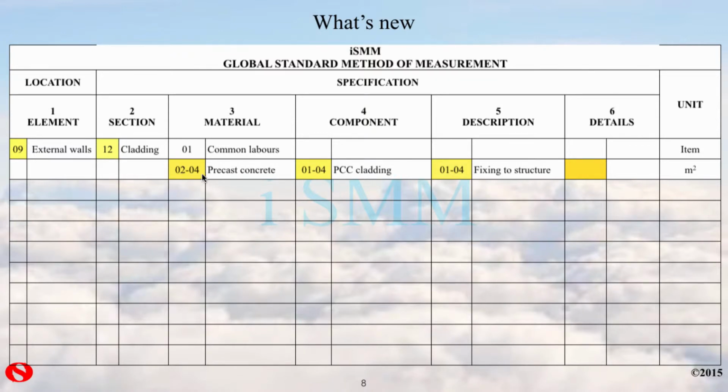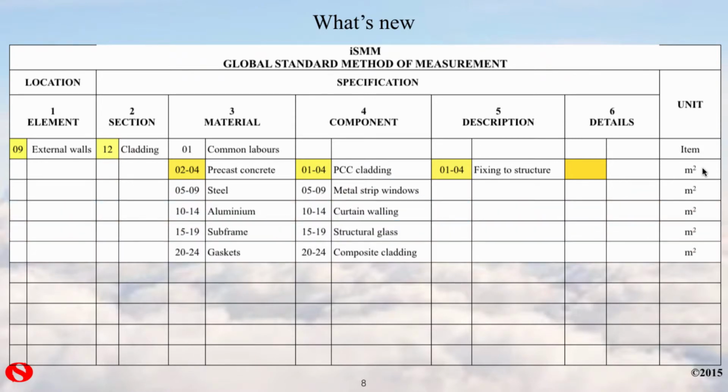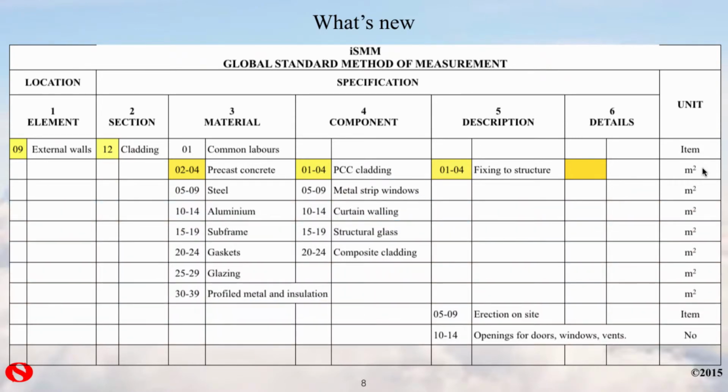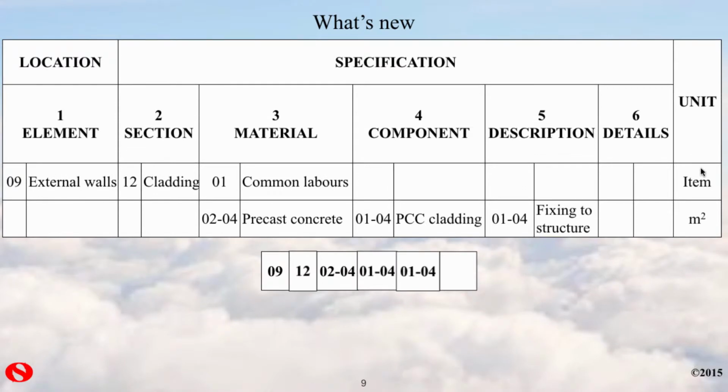For the material, it's a series of codes that's available for precast concrete, and for the component, a further series of codes available for precast concrete cladding, and in the description a series of 4 codes that are available, and any further details that might be available from the specification as appropriate, and it sets out, of course, how to measure it. And so it continues through the various materials in this particular section.